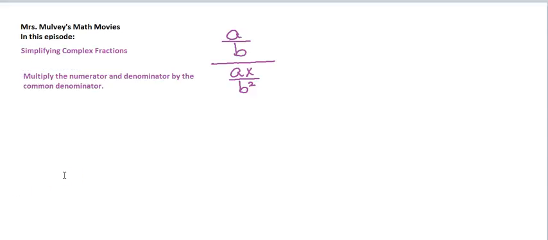In this case, that common denominator would be a b squared. Basically, we're looking for the least common multiple of each denominator.